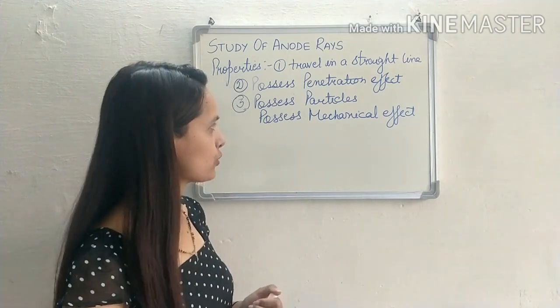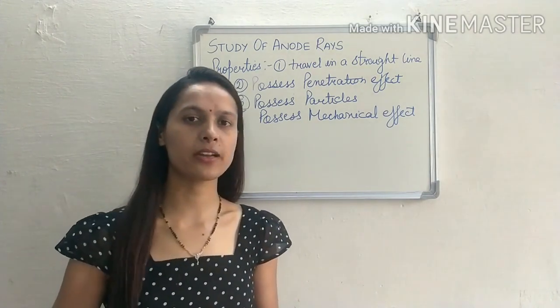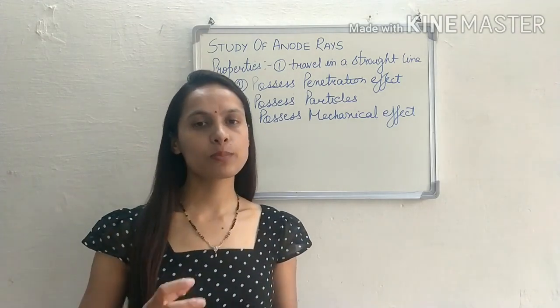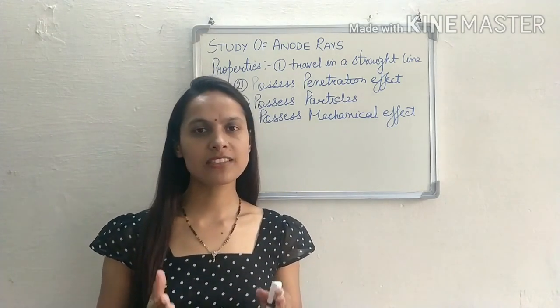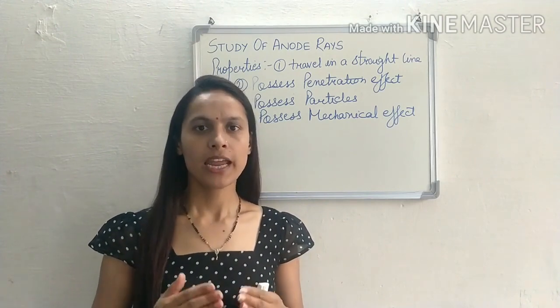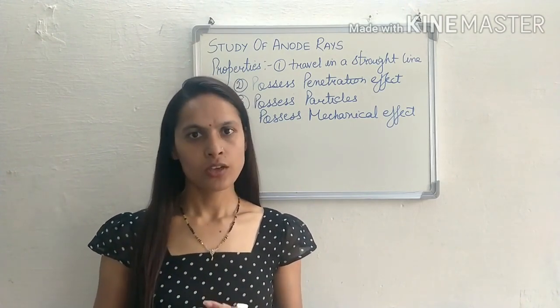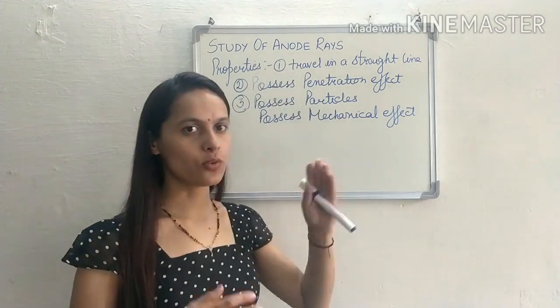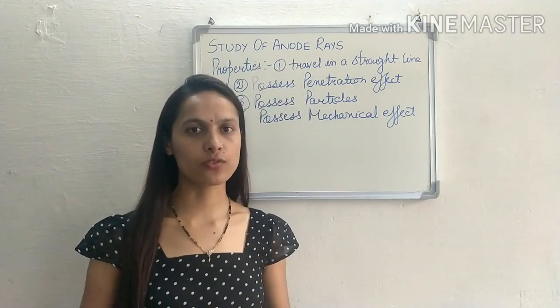Now, how do we get to know that anode rays are also made up of particles, or that they cause a mechanical effect? When a small paddle wheel is placed between the two electrodes, it starts rotating. So it means that anode rays possess particles, which results in the rotation of the wheel.